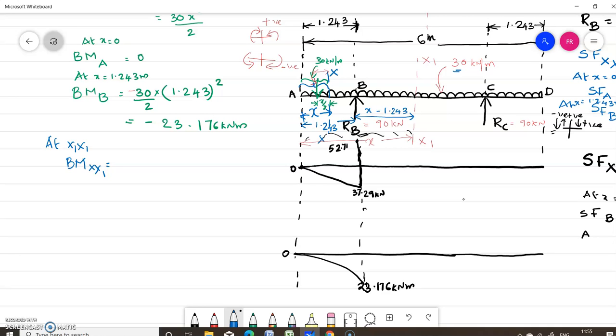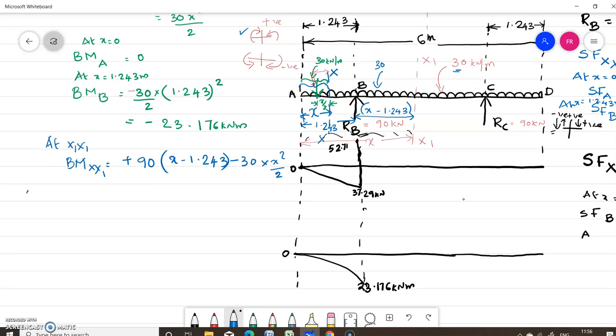RB about this section x1 is RB times x minus 1.243. Now sign convention is left clockwise is positive. So we can write plus 90 into x minus 1.243. Now what is the moment of this much load? 30 kilonewton for a distance x. It is left anti-clockwise, minus. So minus 30 into x square by 2.